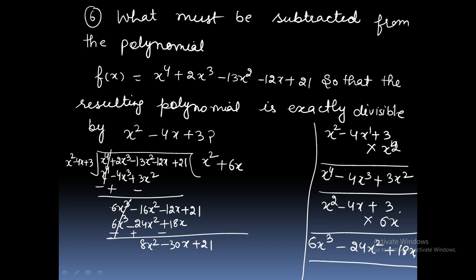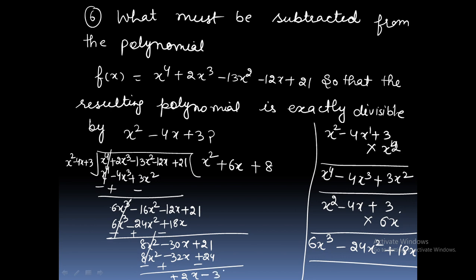Now you can take here 8x square. 8 4s are 32 and 8 3s are 24. Change the sign. You will finally find the answer plus 2x minus 3.